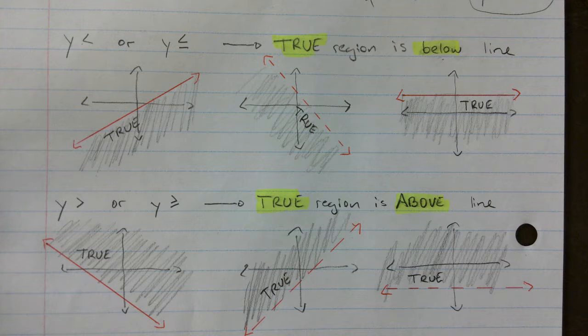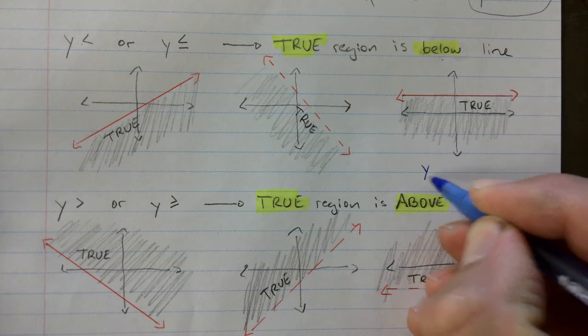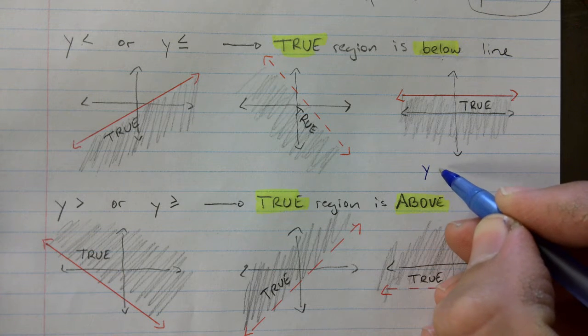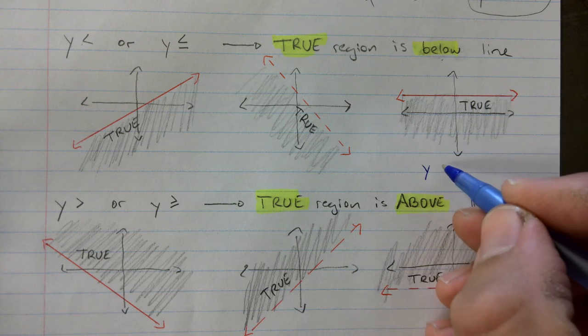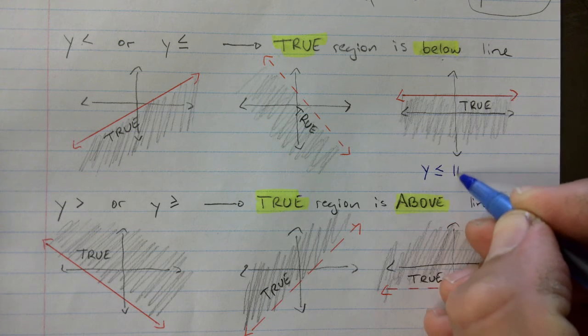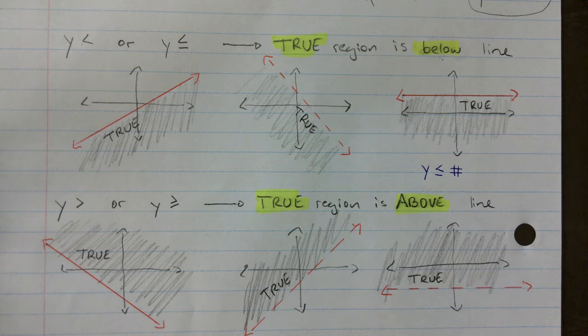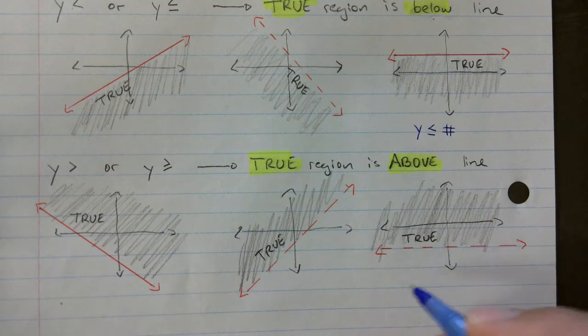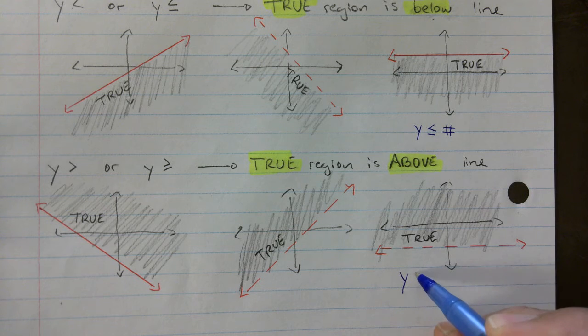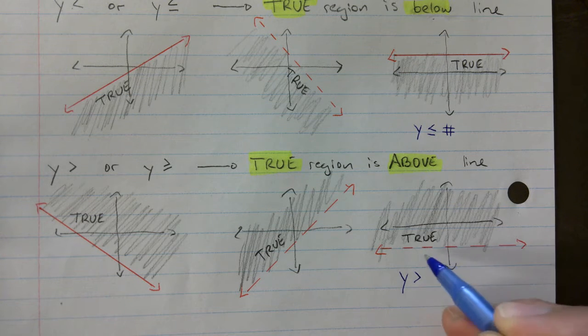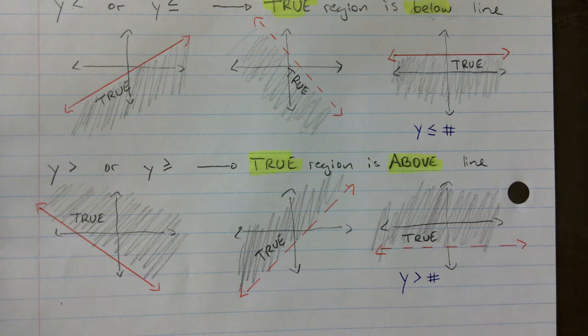I will just add that this is just y would be, in this case, less than or equal to a number. Here, y would be greater than a number. That's all you have. You don't have an x variable. And you remember why we just go greater than and not equal to? Because a dashed line means that it's just greater than. Nothing else.